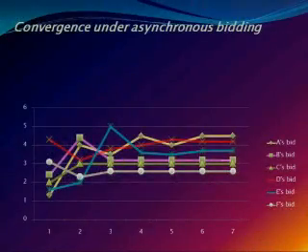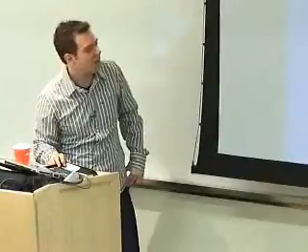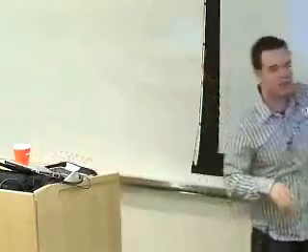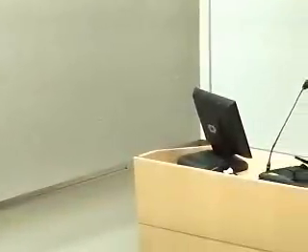Okay, I have a couple of slides for the more theoretically inclined people, which I'll just skip. This is just a sketch of the proof, of how in the synchronous model the bids behave like this. And we managed to prove that we reach the fixed point and then the bids remain the same, by splitting the proof into 2 phases.